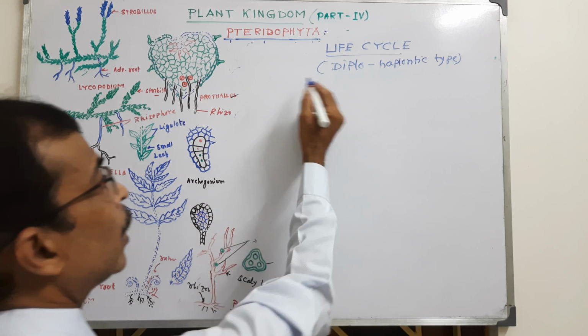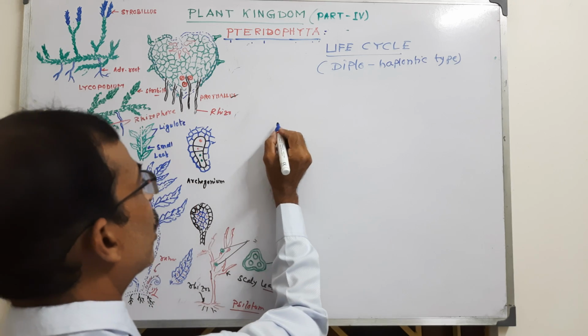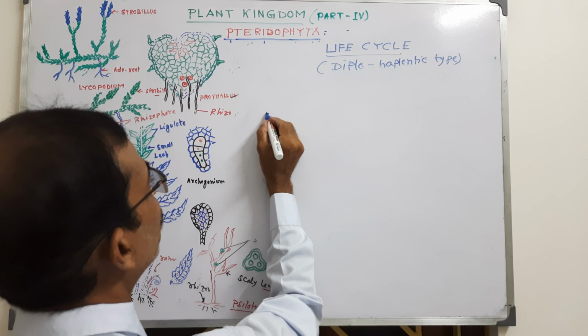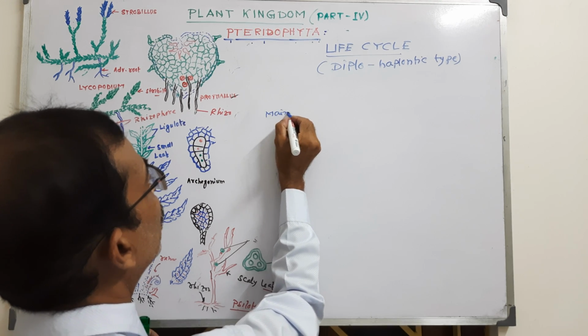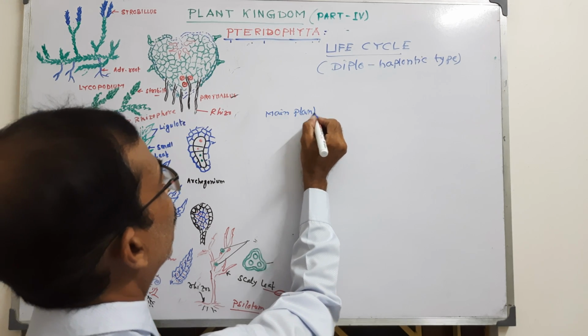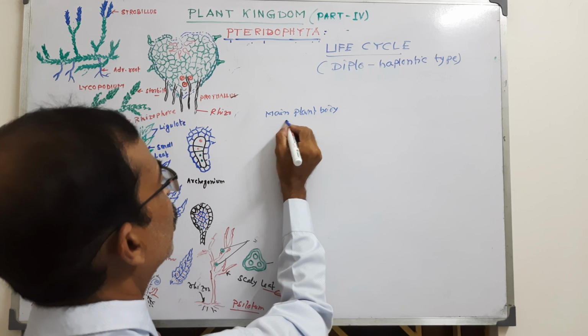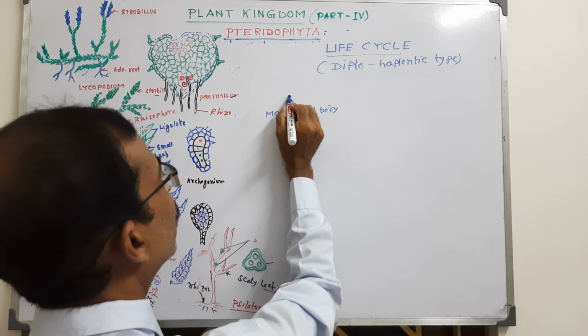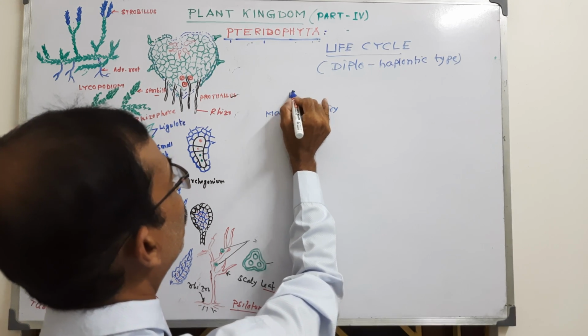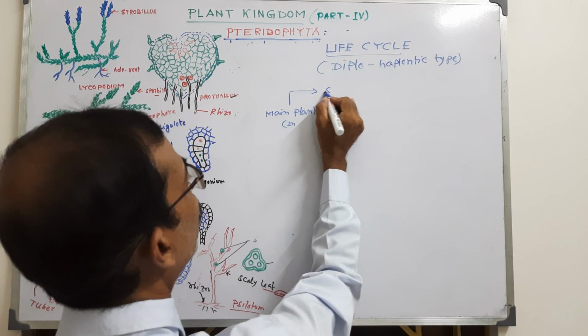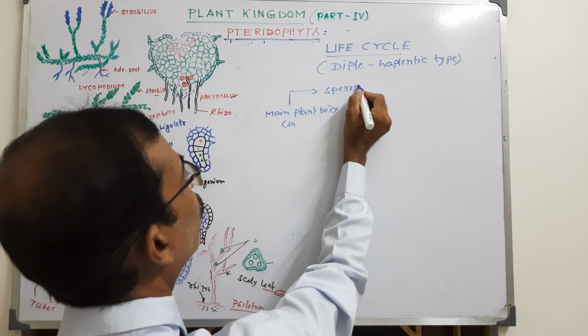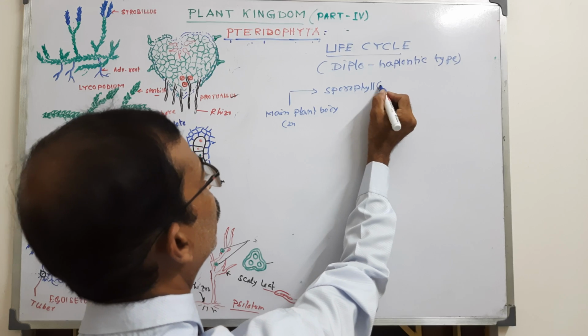Now in the diplohaplontic life cycle, if we start from the main plant body, obviously it is diploid in nature. And the important reproductive part of the main plant body is the sporophyll, which is diploid in nature.